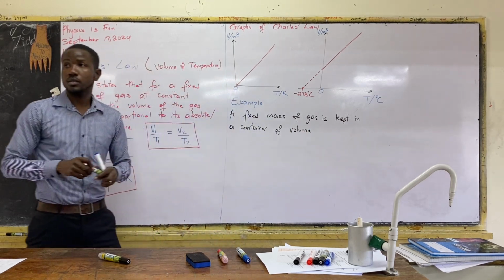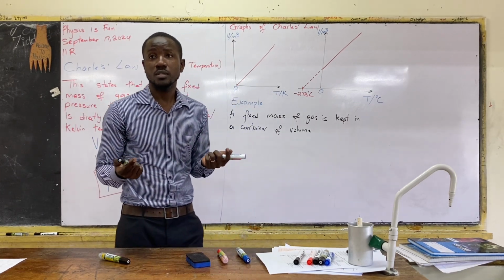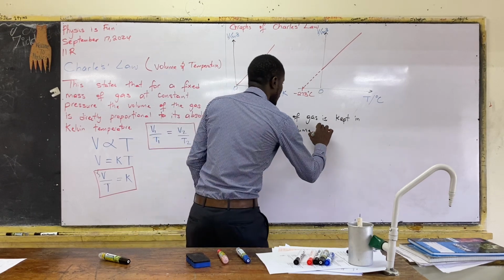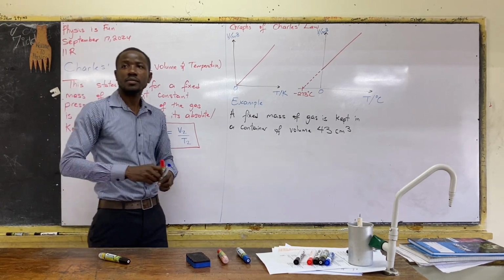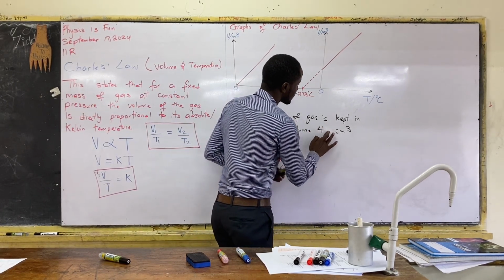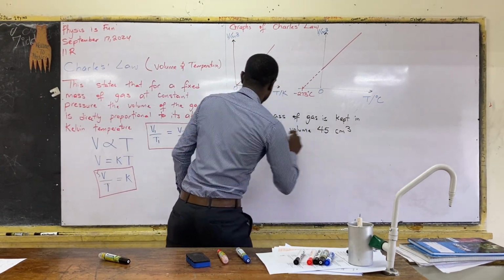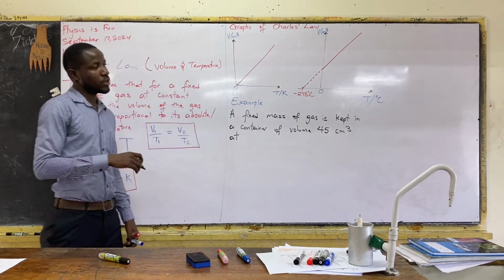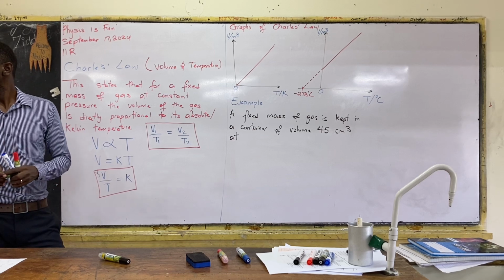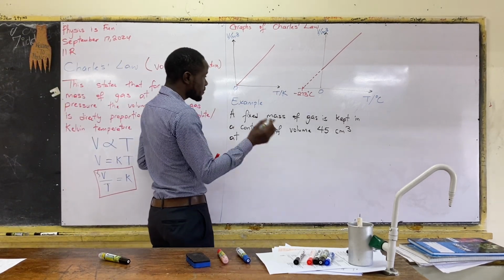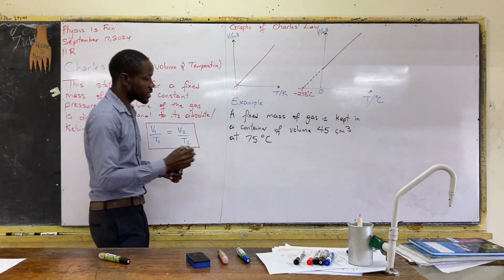What will be the volume of the container? 43, okay. 43, let's say cm cube. Can I use 45? 45 cm cube. Alright? And what's the temperature, Savannah? Give me a number. 75? Alright? 75 degrees Celsius.